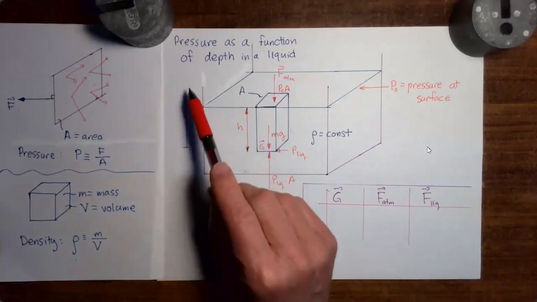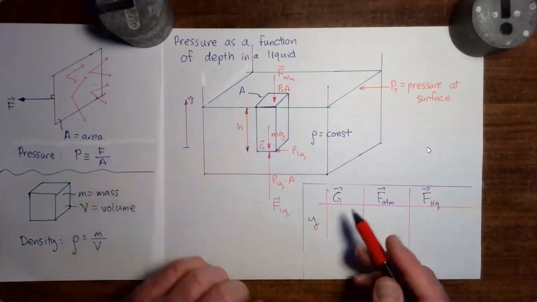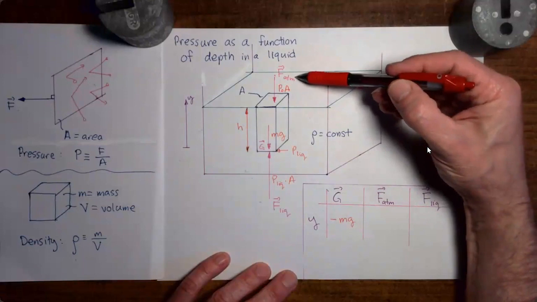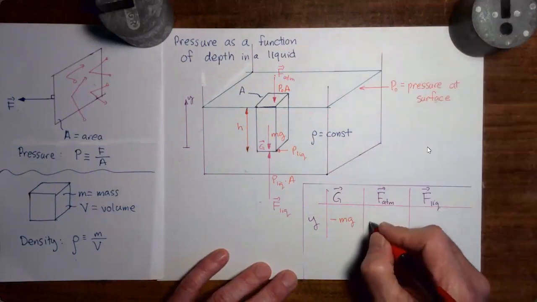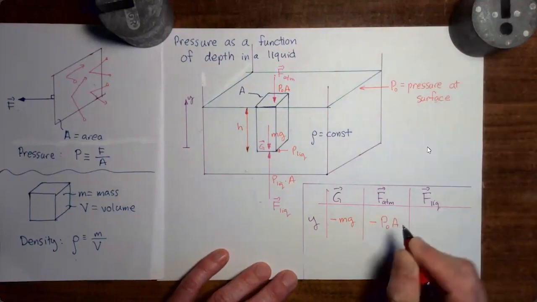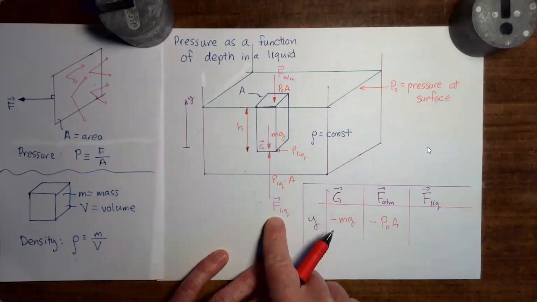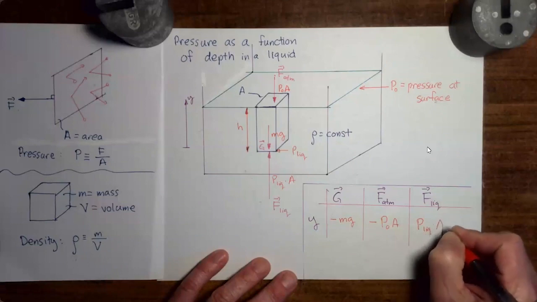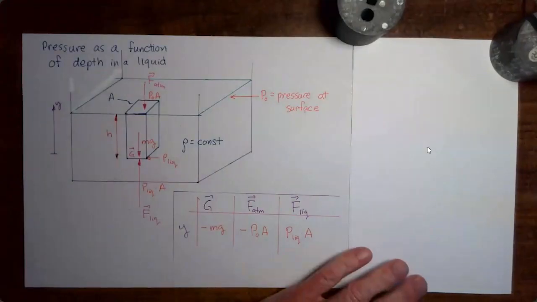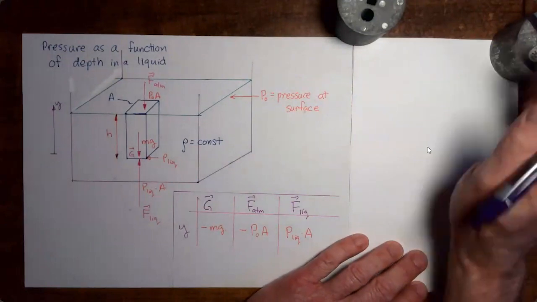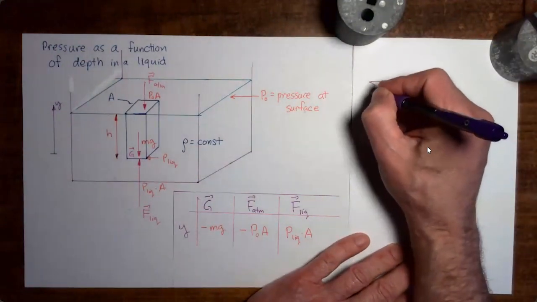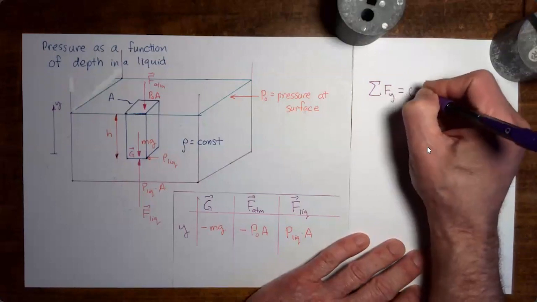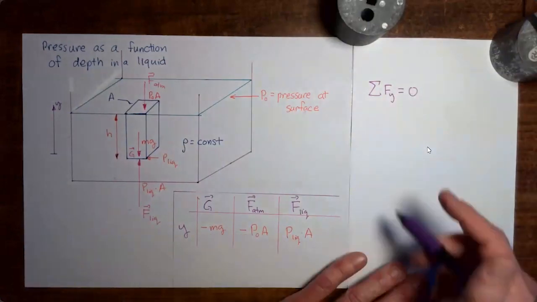All right, y-axis points up, so y component of the gravitational force would be minus mg. Y component of that force from atmospheric pressure would be minus P0A. And y component of that pressure force from the liquid would be P liquid times A. Since our assumption here is that the liquid column is static, we can say that the sum of the y components of the forces on the liquid column is 0. So we're just going to sum these to 0.